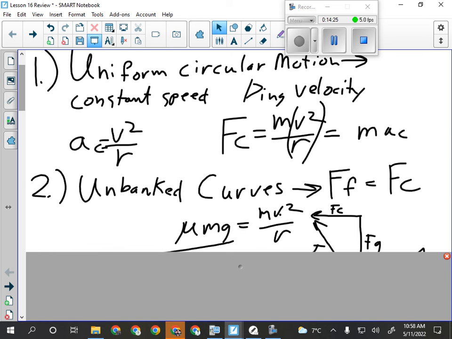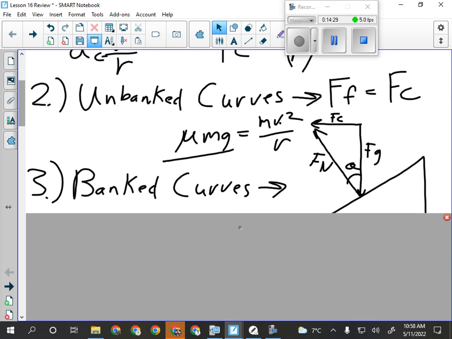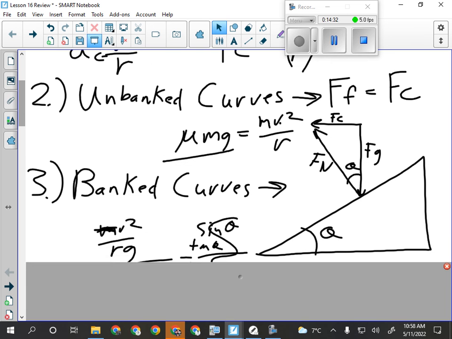On that same day, we talked about banked curves, which work a little bit differently. A banked curve is essentially an inclined plane. You will not have to derive the banked curve formula, tan of theta equals v squared over r times g, but you do need to understand how to use it and what it's for.